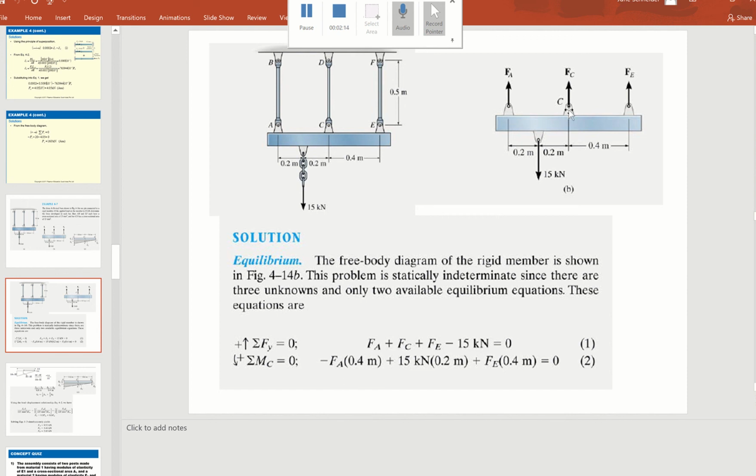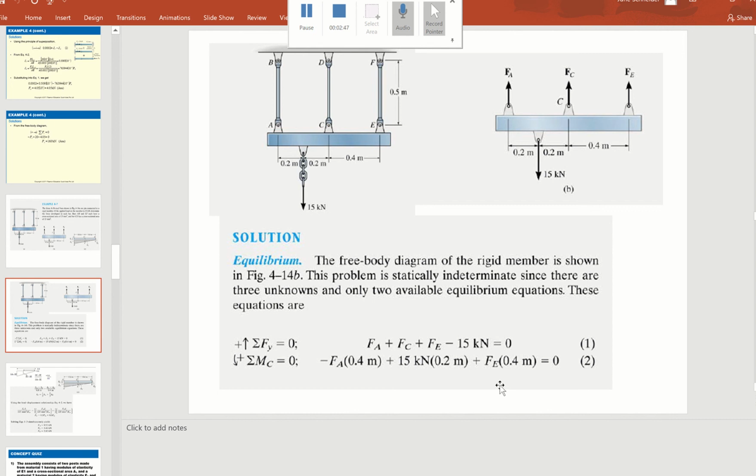If we take moment about C, we have FA times moment arm 0.4, rotating about C clockwise, so negative. FC goes through C, so it does not show up in the equation. However, we have the external 15 times 0.2, counterclockwise, positive. And we have FE, moment arm 0.4, rotating counterclockwise, so positive. Okay, we have those two equations.